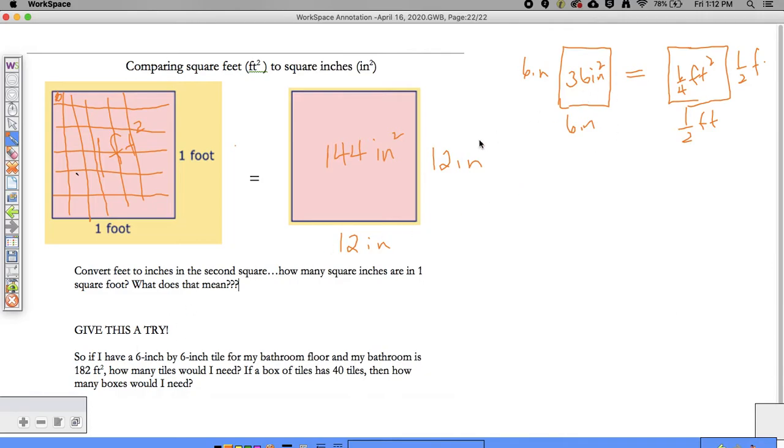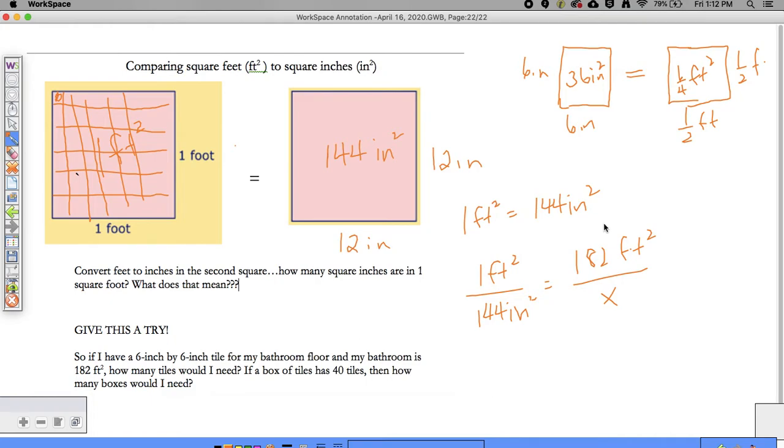What we do know is that 1 square foot is equal to 144 square inches. So we can also use a proportion. 1 square foot is to 144 square inches as 182 square feet is to X, because that tells me how many square inches are actually in 182 square feet.